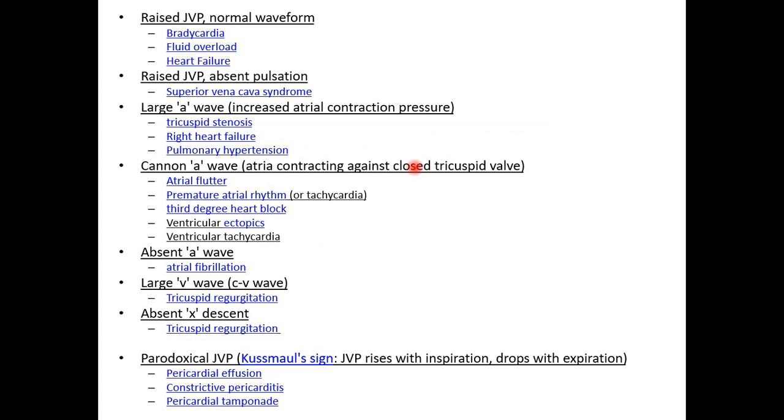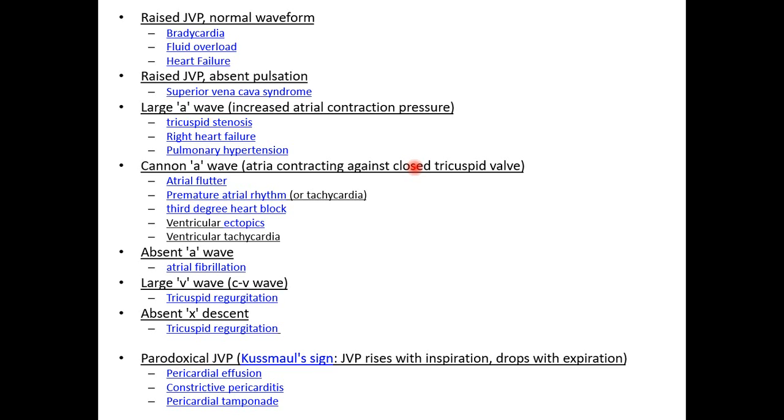The raised jugular venous pulsation with normal waveform, as we said, occurs in bradycardia, fluid overload, and heart failure; raised with absent pulsation in SVC syndrome; large A wave in tricuspid stenosis, right heart failure, and pulmonary hypertension; cannon A wave in atrial flutter, premature atrial rhythm, third degree heart block, ventricular ectopics, and tachycardia.